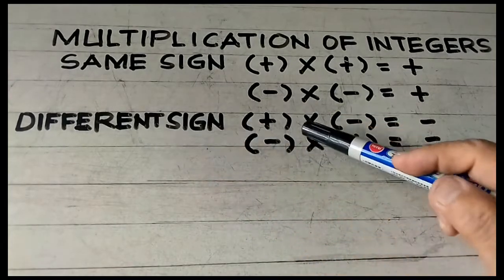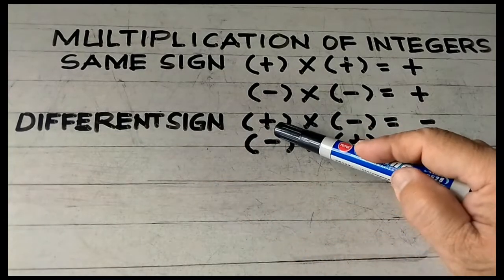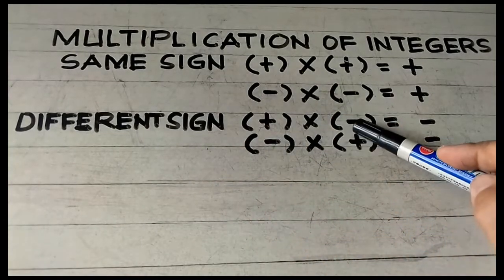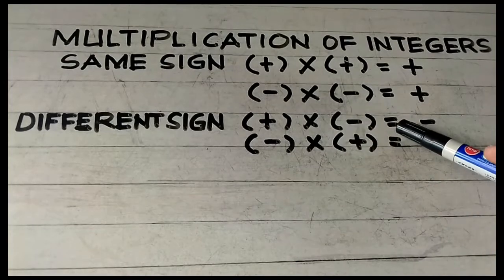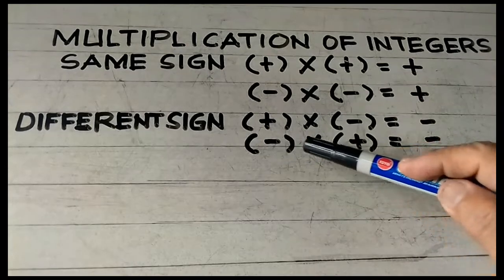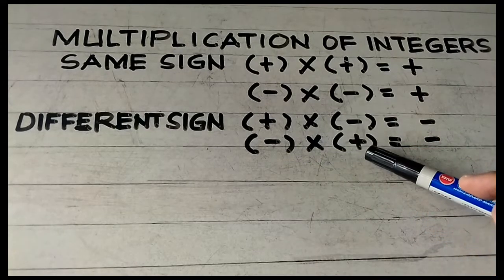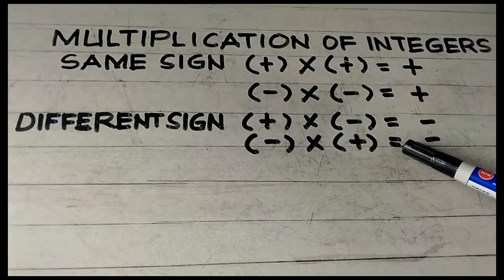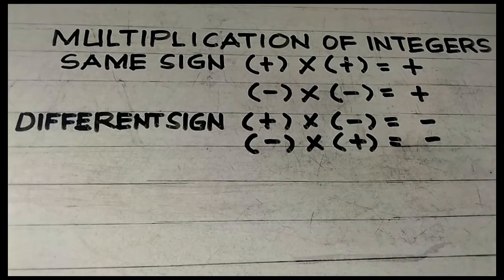Different sign: positive multiply by negative is equal to negative. Negative multiply by positive is equal to negative.